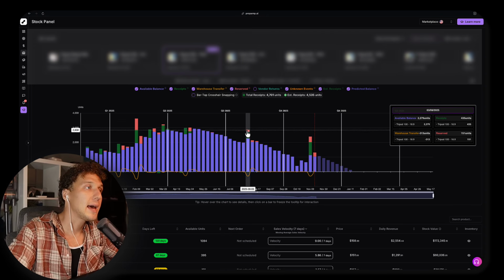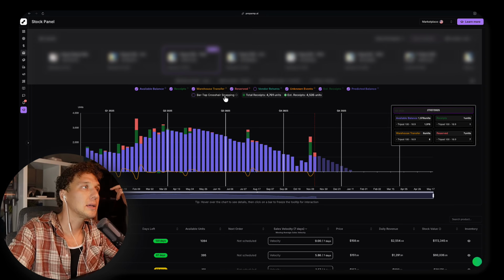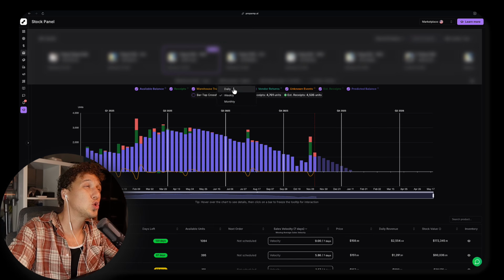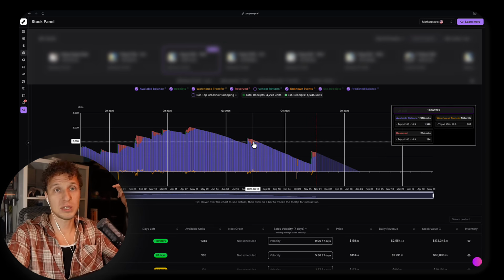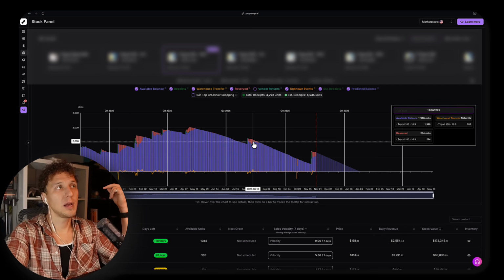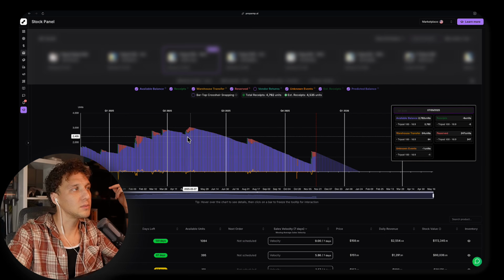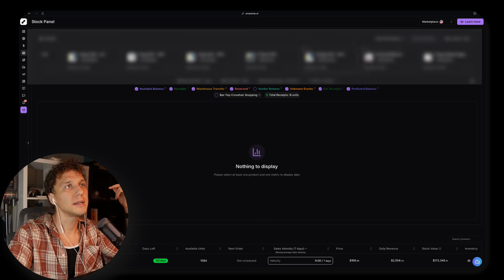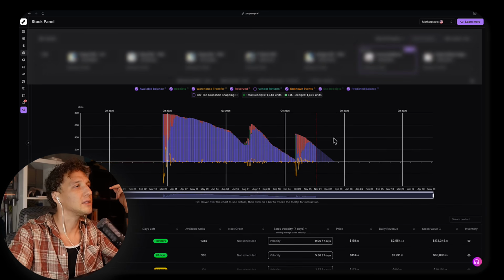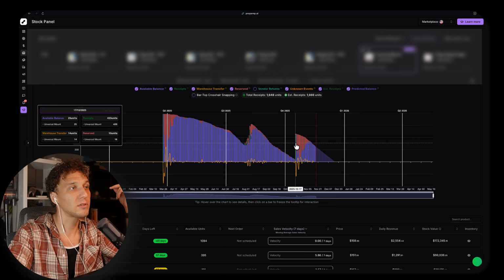And the red is a transfer of the units between different fulfillment centers. Let me show you a different example, because this one doesn't travel too much. But if we take this ASIN, you see this ASIN is traveling across the country.